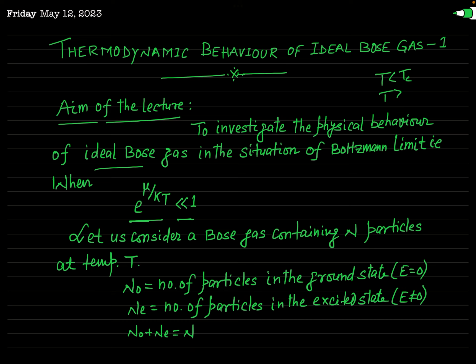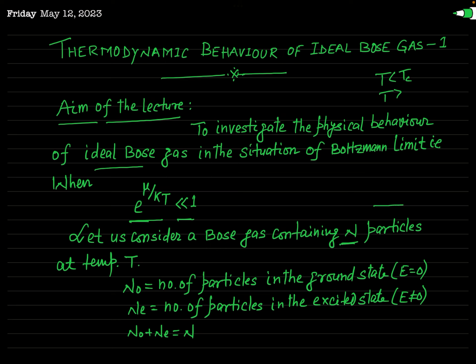For this, let us consider a system of N particles, and all those N particles are bosons, that is, the particles of the system obey the Bose-Einstein distribution law. As you know, in this system generally there will be two energy levels.